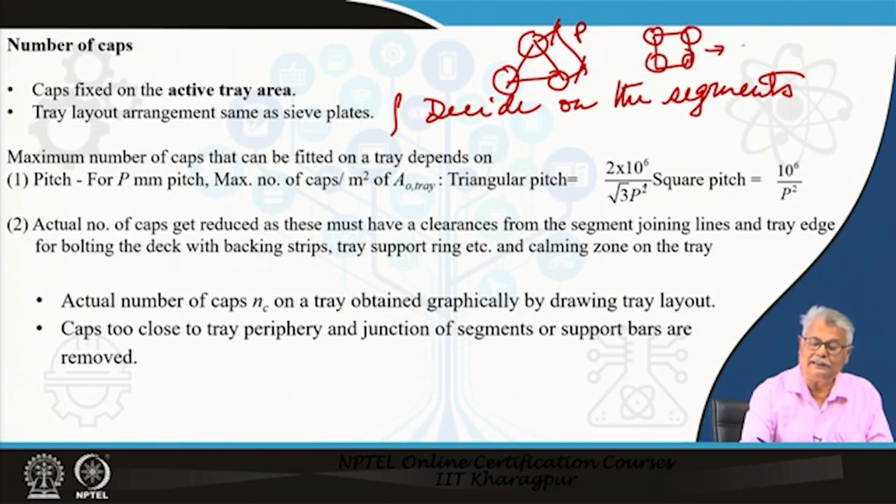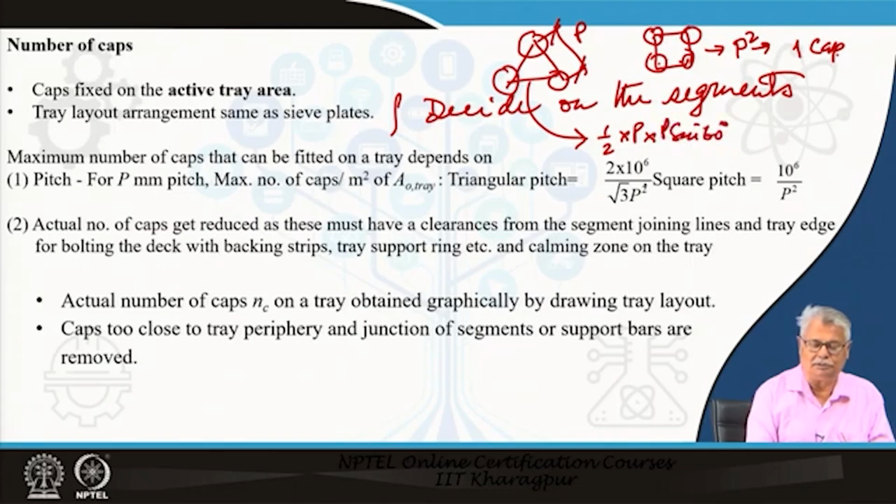So in this case, an area of P square can contain how many caps? It can contain 1/4, 1/4, 1/4, 1/4. It contains 1 cap. And in this case, the area of the triangle is half, base is P, into altitude is P sine 60 degree, which is √3/2 P. This contains how many caps?